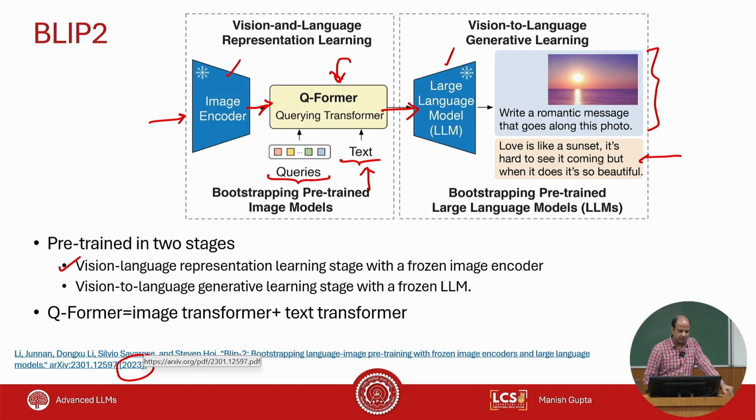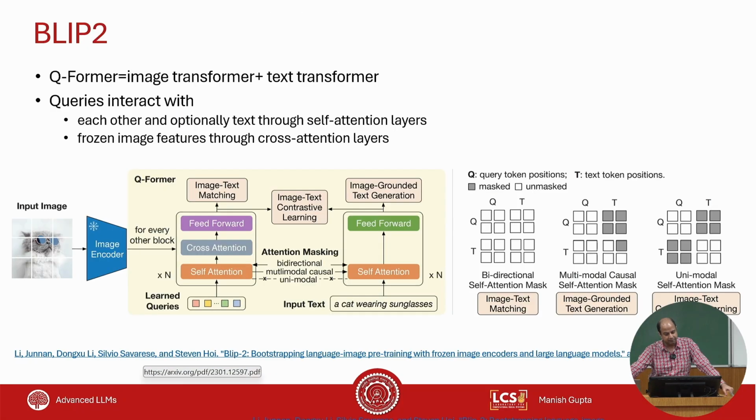Let's try to understand what this Q-former is. As I said, broadly it sounds like a perceiver resampler, but it's much more actually. So this is an expanded diagram where I'm going to talk about the Q-former.